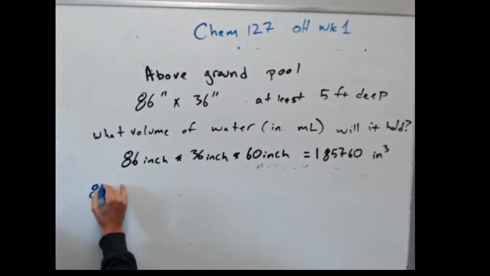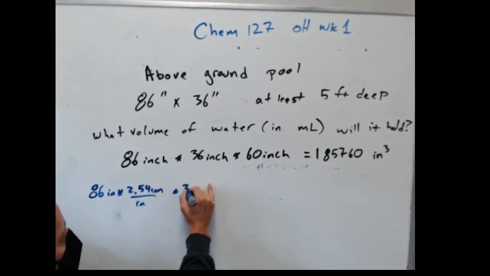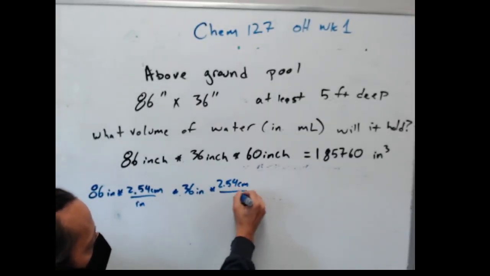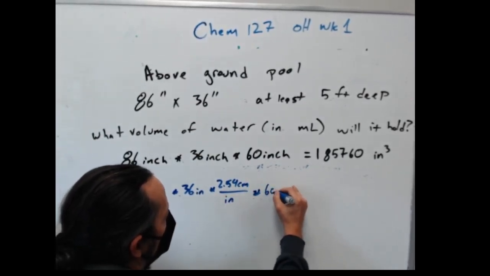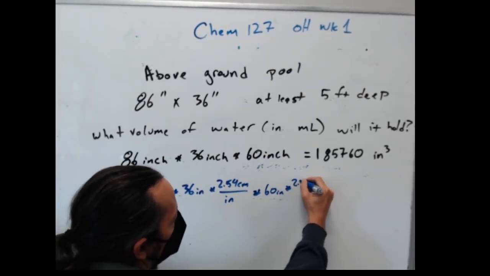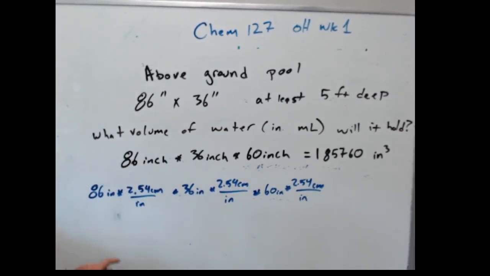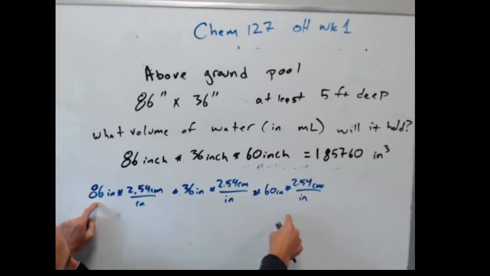I could do 86 inches times 2.54 centimeters per inch, times 36 inches times 2.54 centimeters per inch, times 60 inches times 2.54 centimeters per inch. This is how we did the last one. If you notice, I've got 86 times 36 times 60 again, and I've got 2.54 cubed.